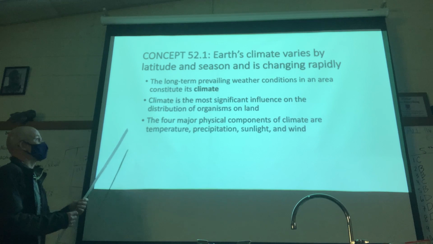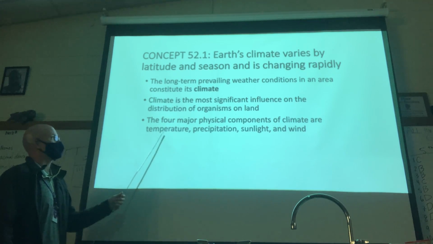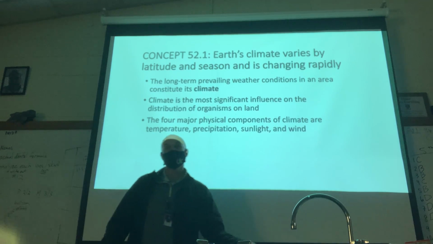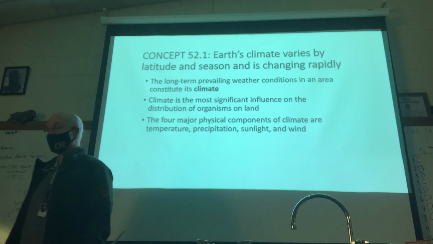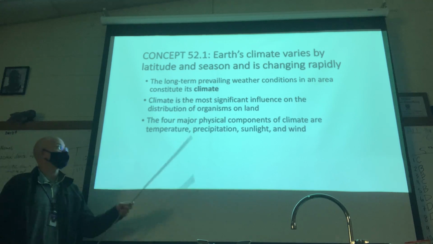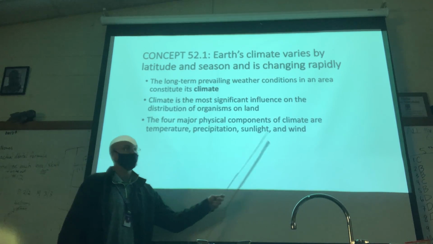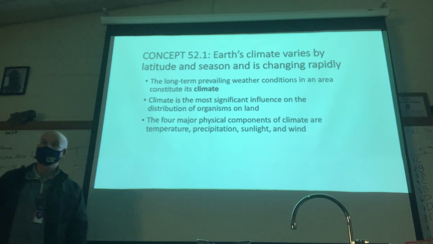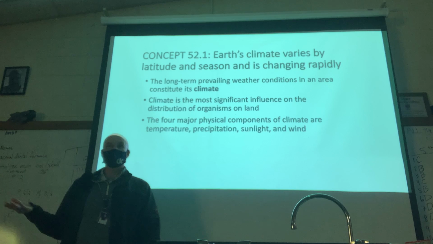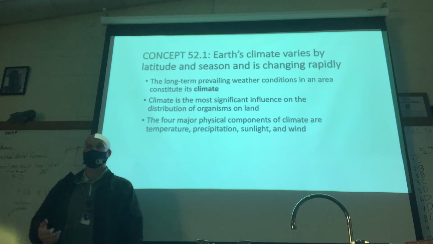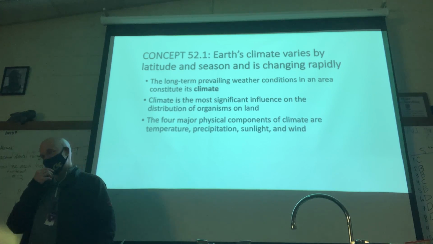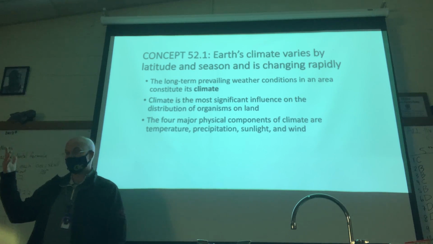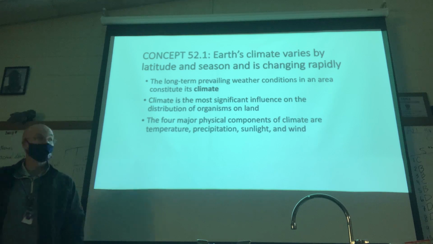And as it says here, that basically means the temperature of a region, the precipitation in that region, the light and the wind patterns that affect that region. Those are your four big factors that affect climate, and climate is probably going to be the number one factor that determines what type of plants, what type of animals, what type of fungus, what type of microbes like bacteria or even viruses thrive in that area.